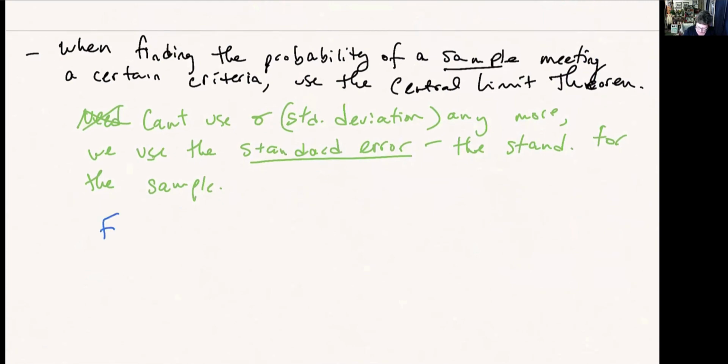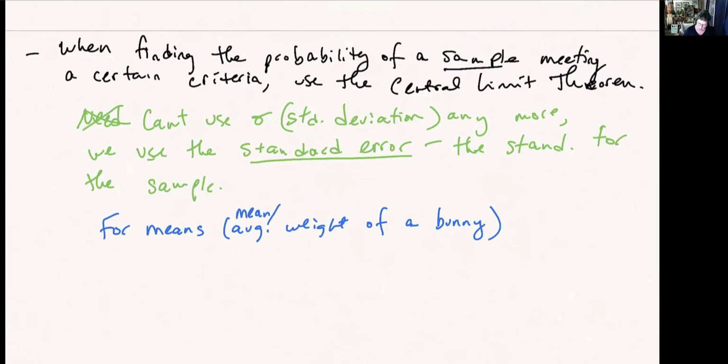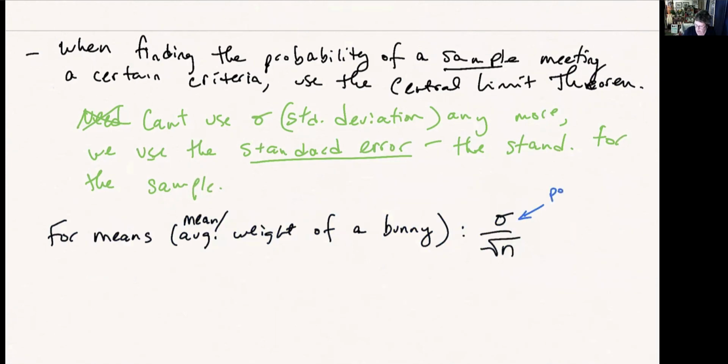For means, as in the average weight of a bunny, that is the standard deviation for the population divided by the square root of the sample size, where this is the population standard deviation and n is the sample size.